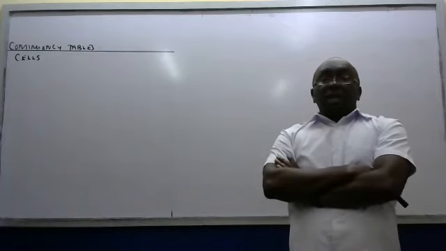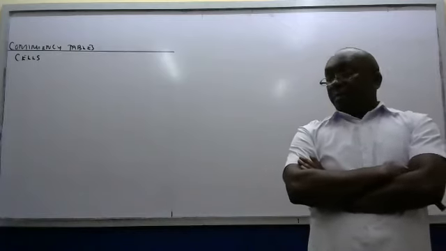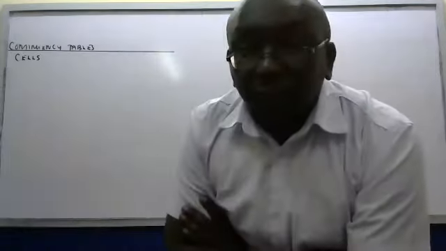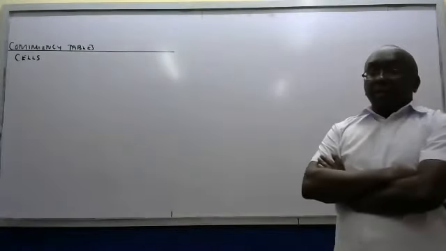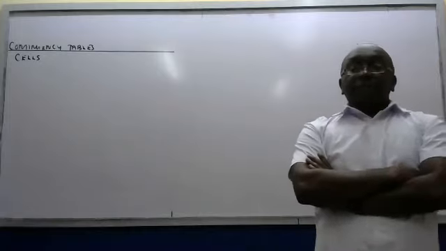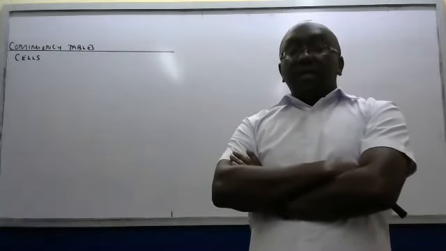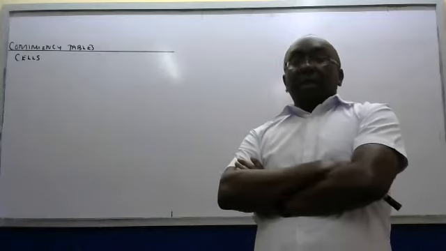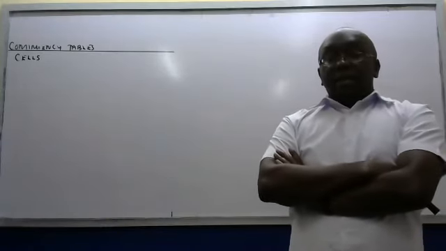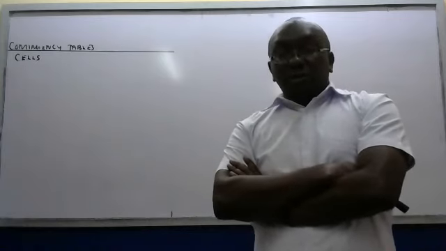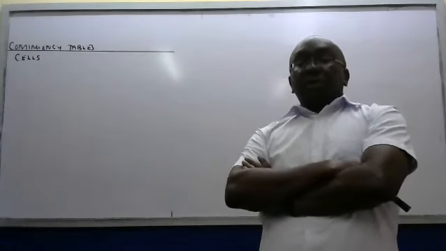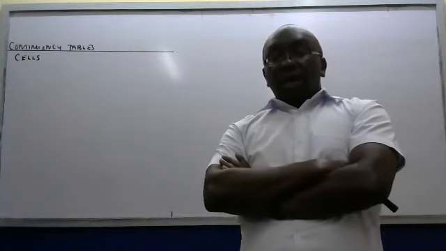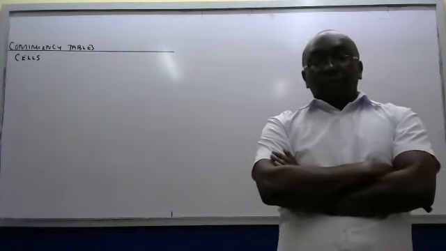I repeat. I have said that the cells in this table represent intersection, while the totals of rows and columns represent union. Full stop.